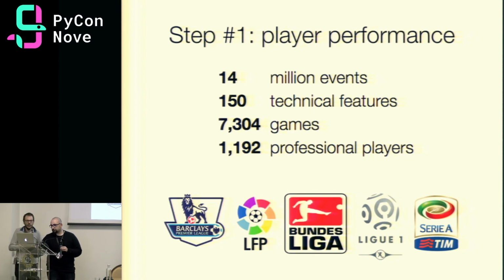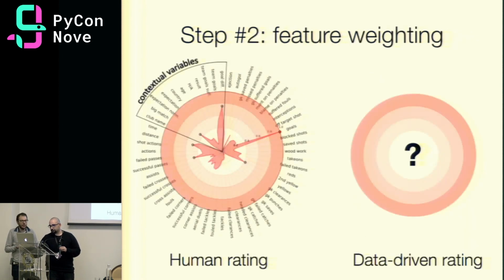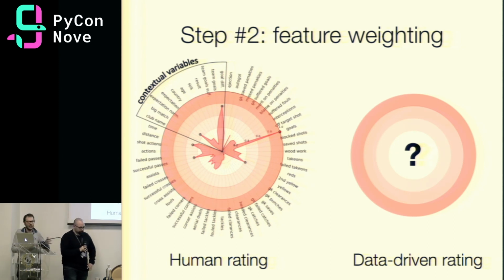As you saw, we know how to automatically get the human rating of a performance, and in the left picture you see how we can get human-like ratings from a performance. But how can we get a data-driven set of weights that is as objective as possible?